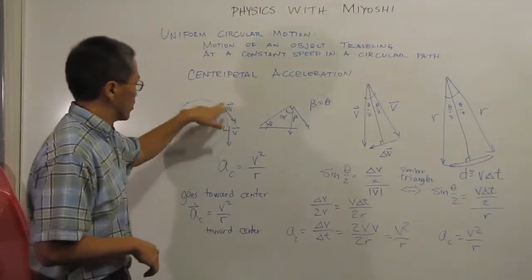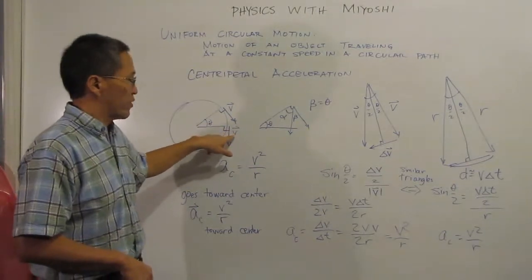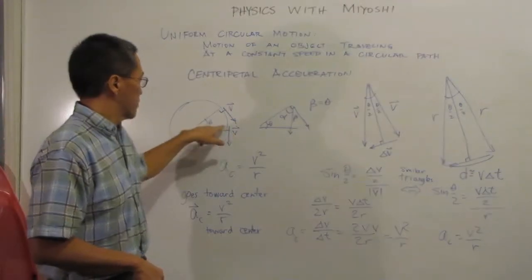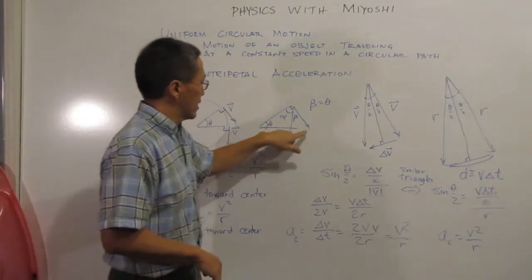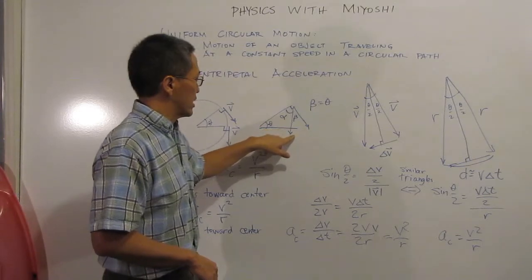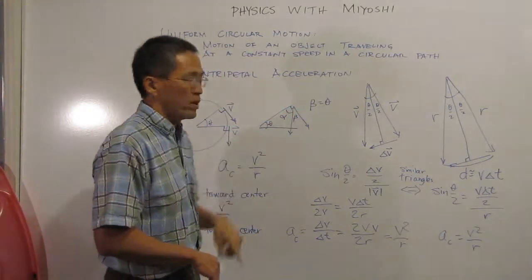If I draw this little triangle again and move this vector from its position perpendicular to its radius over to here, I can see that my change in velocity is the difference between these two vectors.